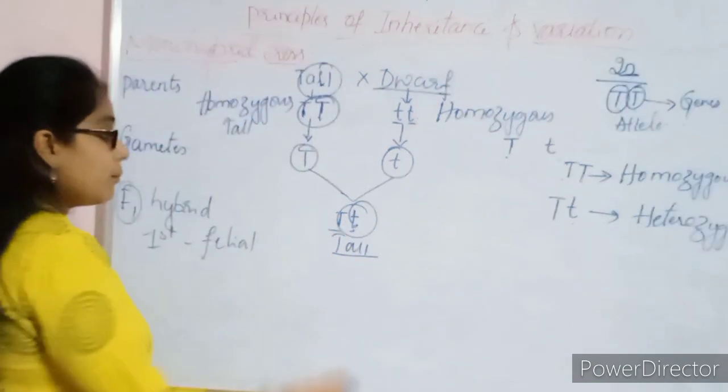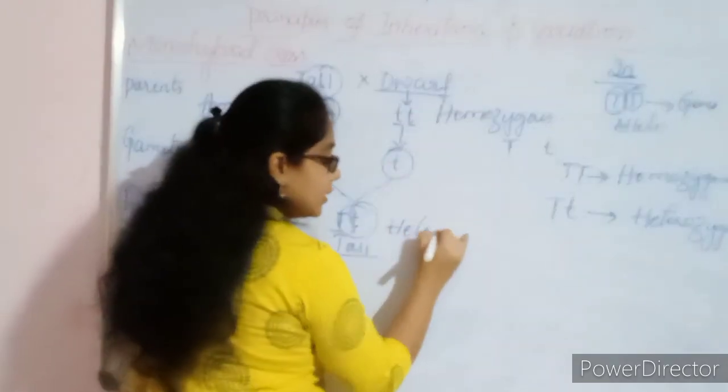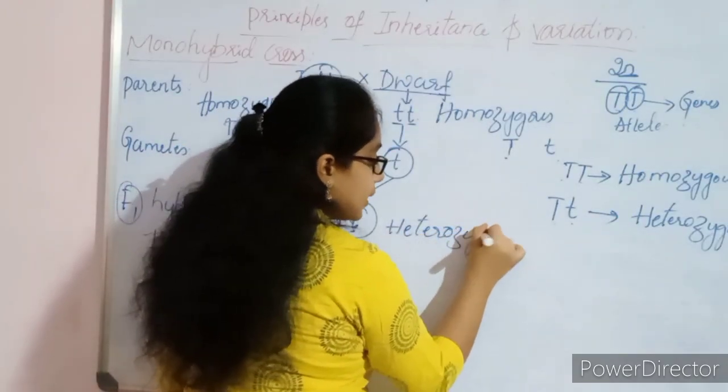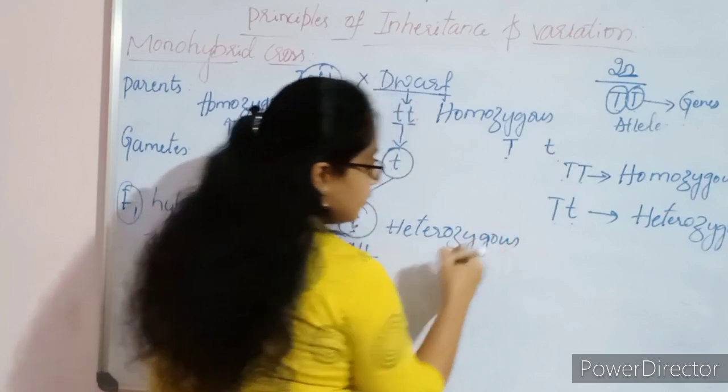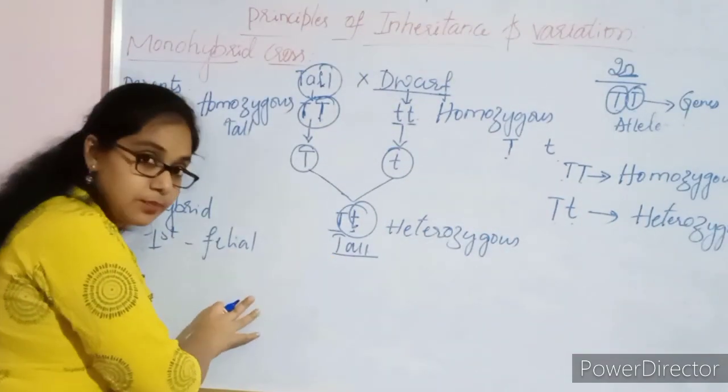Yes or no? But here it is two different alleles, so it is heterozygous tall. This is about the first generation.